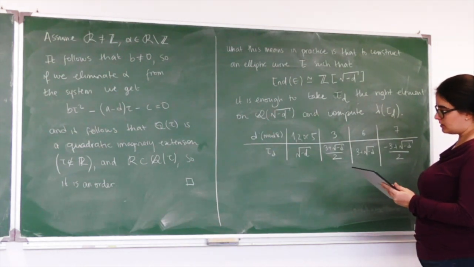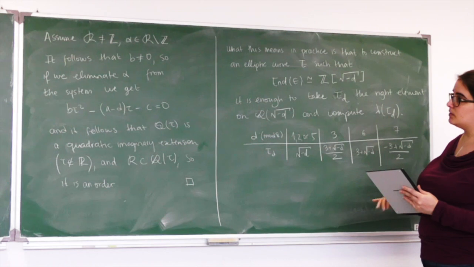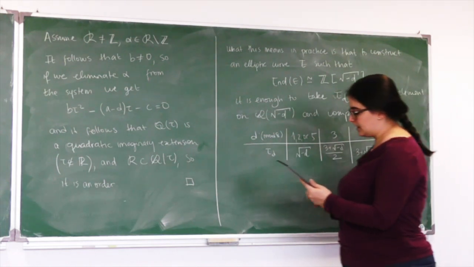So one last result, or property, that I want to give about these elliptic curves with complex multiplication.